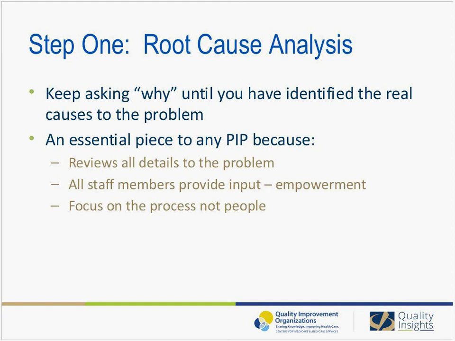You're going to get all staff member input. This has a nice side effect of empowerment. They really can feel part of the project. Make sure in your root cause analysis that you focus on the process, the way that you do business, your current processes, your current policy, not people.